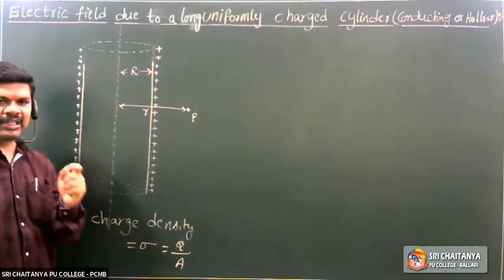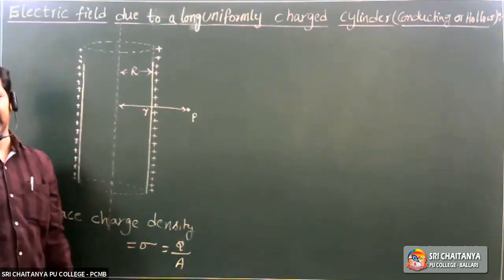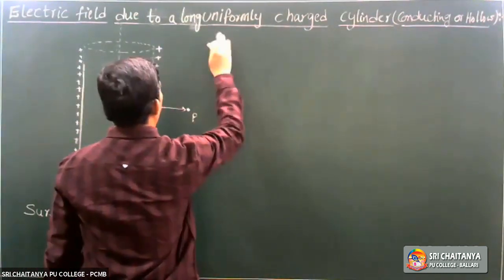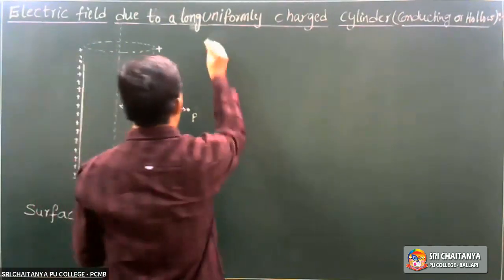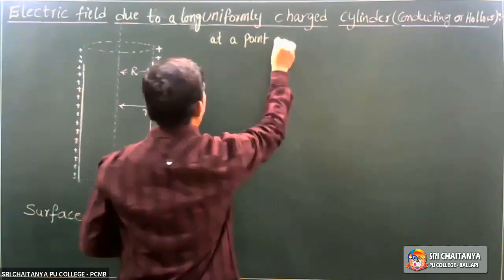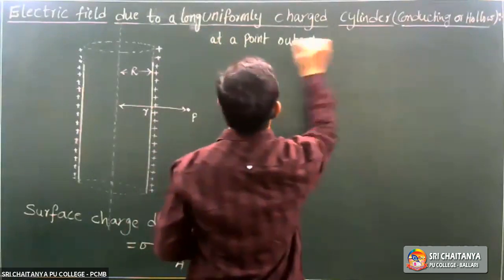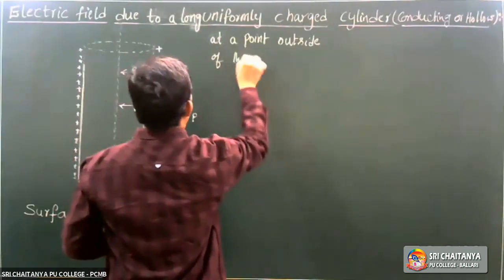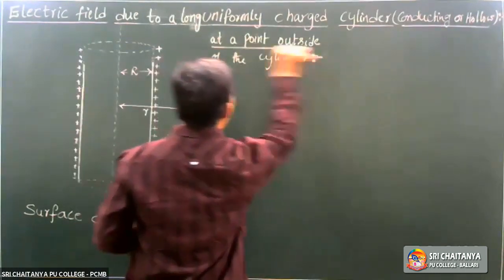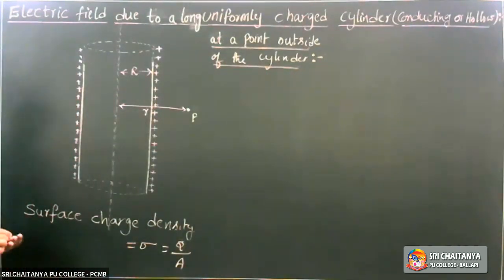They clearly mention in the problem: find the electric field at a point P outside of the cylinder. At this point, we need to find the electric field.